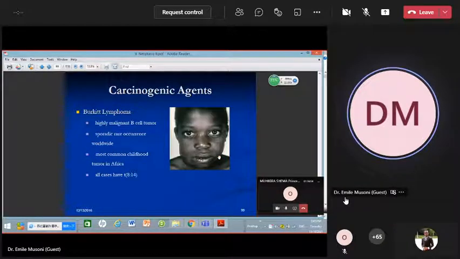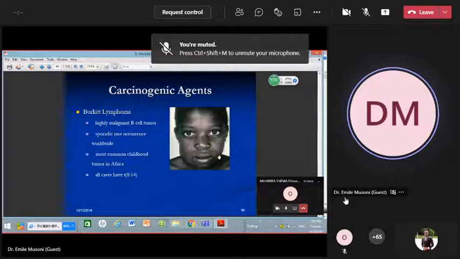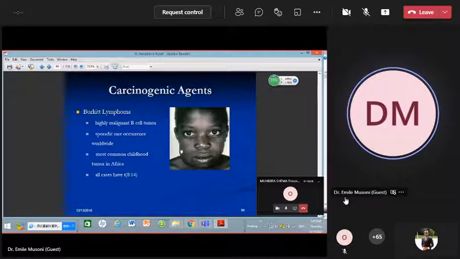This is an image of a patient suffering from Burkitt lymphoma. This is a highly malignant B-cell tumor. It is sporadic worldwide, and the most affected are children. It is most found in Africa.